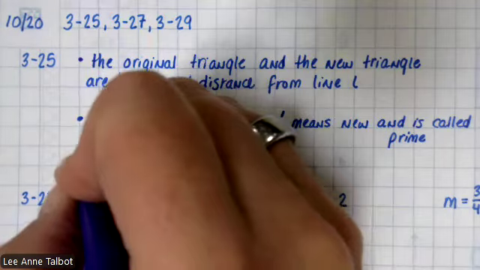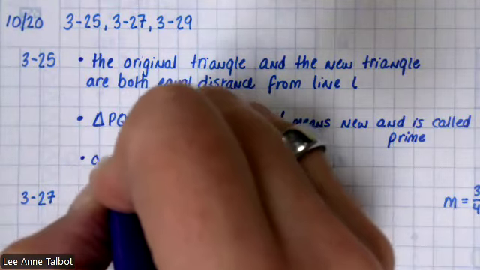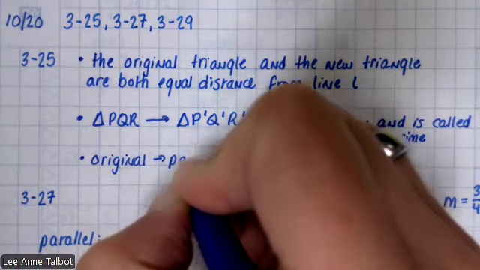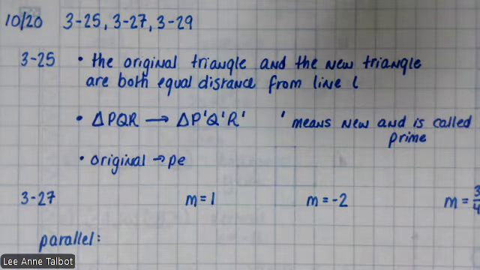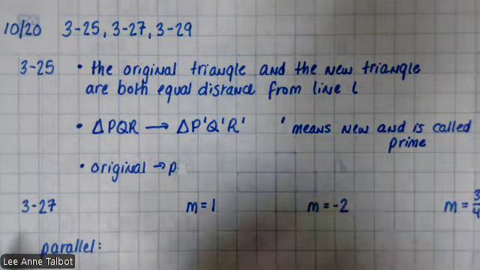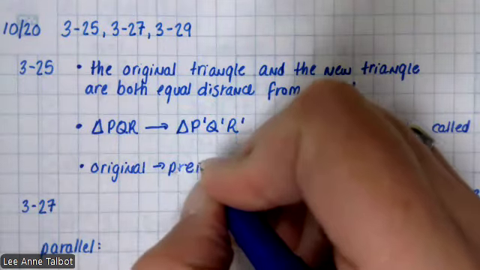Okay, and then the last thing is the original is called the pre-image, which I already wrote wrong. It needs an R in it, which I need to put there with whiteout, which is lost in my, oh, here it is. Pre-image.